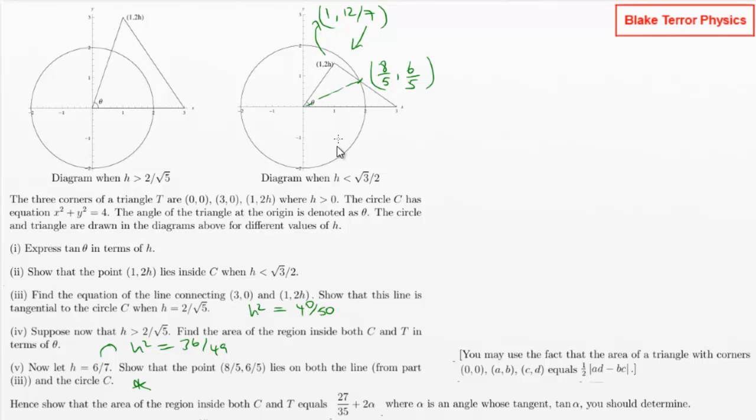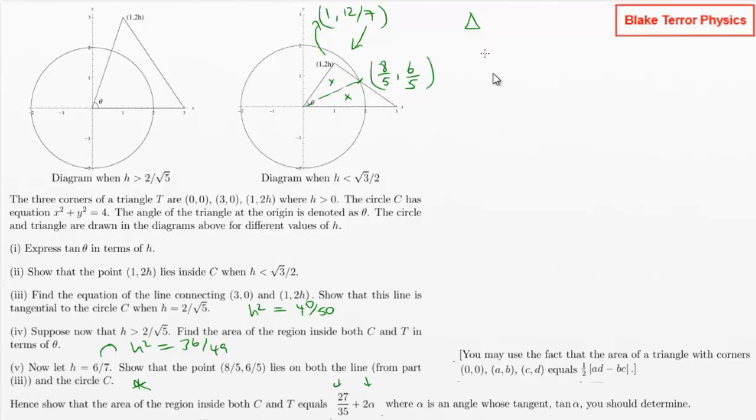We want the area that's inside both the triangle and the circle. So we've got a sector here and a triangle there, and those are the two parts of this. So what am I trying to do? Show the area is equal to that. Let's get the area of this triangle then.